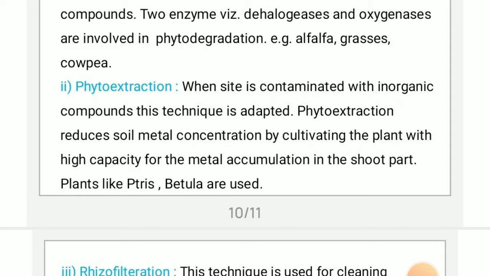Now, in the phytoextraction process, when we plant such plants in the contaminated site, affected by hazardous chemicals or pollutants, the plants directly reduce the soil metal concentration by cultivating plants with a high capacity for metal accumulation.